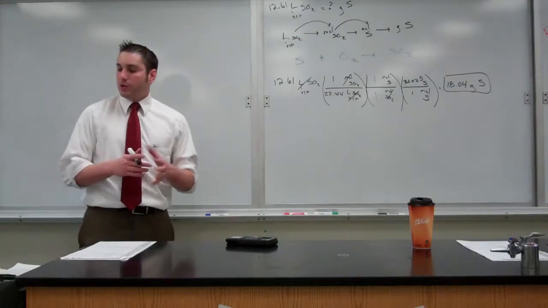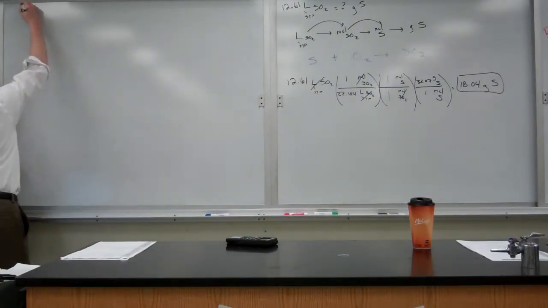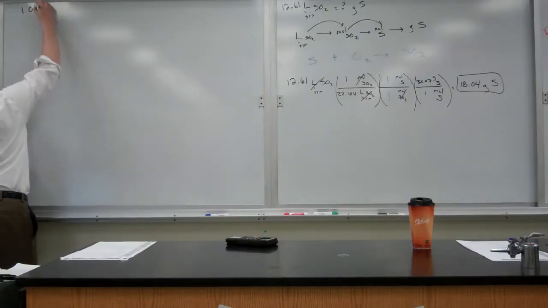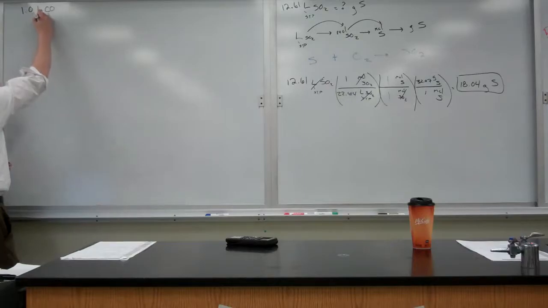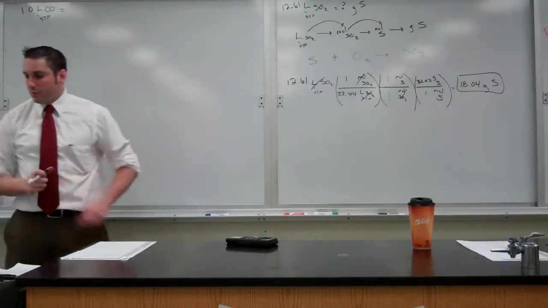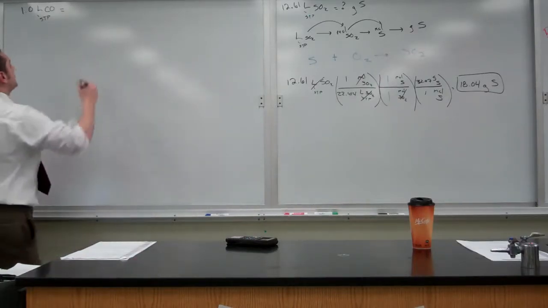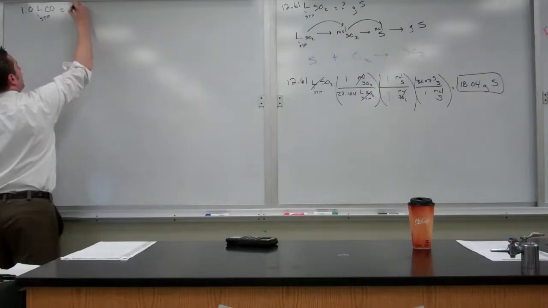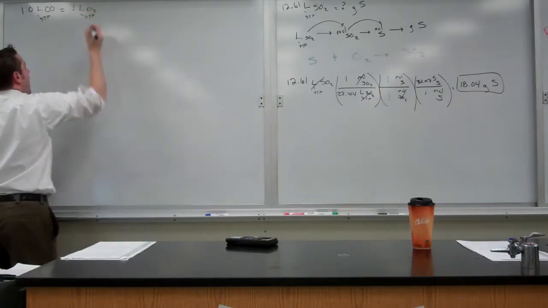So the first thing I'll do is list what I know. I know I have 1.0 liters carbon monoxide at STP. Next thing I know is that I'm trying to find liters of O2 at STP.